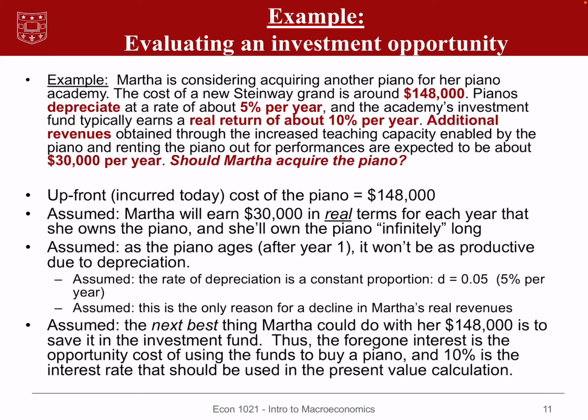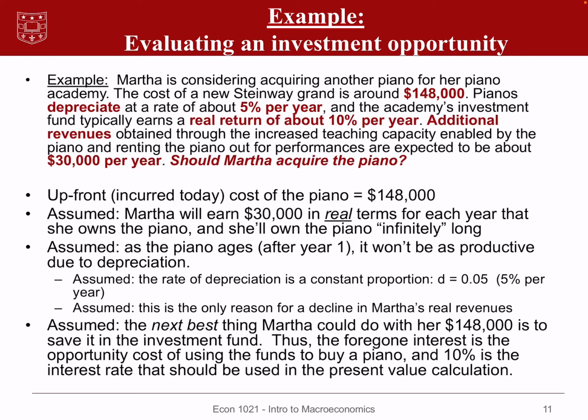And this, characteristic of all the kinds of problems that we're going to be doing of this sort, is going to be the only reason for a decline in Martha's real revenues. If there were no depreciation, she would get $30,000 year after year in real terms from this piano, but the quality of the piano erodes, and so she's going to get a little bit less.